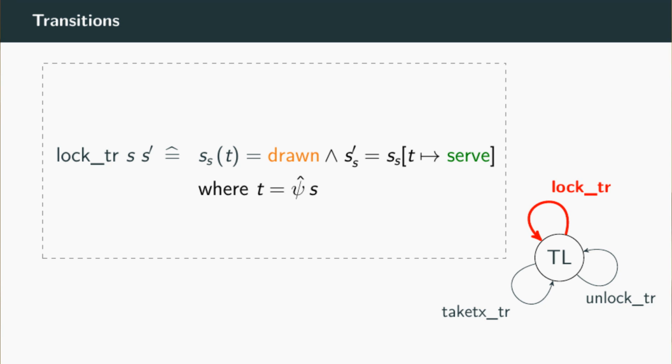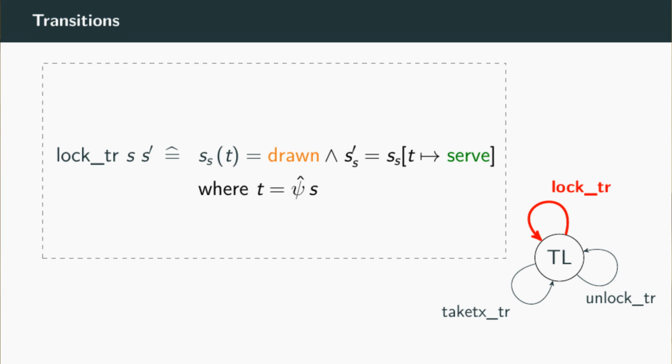The lock transition works with the ticket T that is currently on the display. The value T is computed by morphism psi from global state. The transition updates the ticket map at T from drawn to served to model that the thread noticed its ticket called on the display and took its turn at the counter.